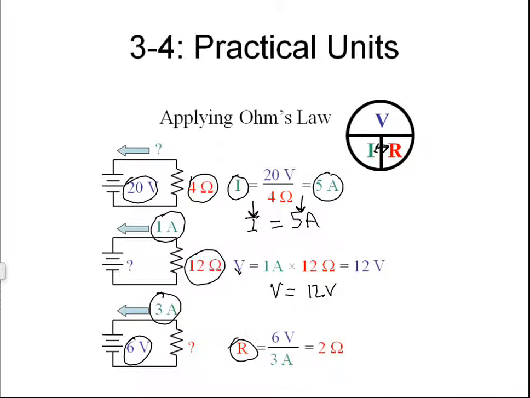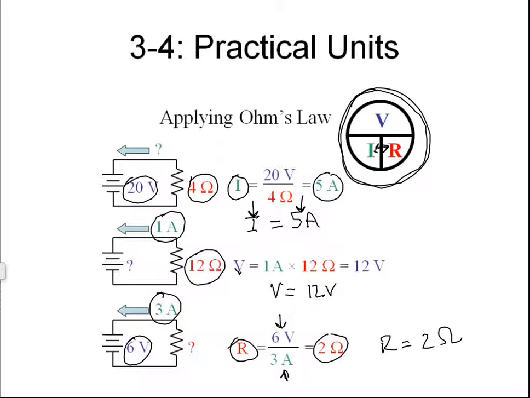We go to the resistance form. 6 volts over 3 amps is equal to 2 ohms, or resistance equals 2 ohms. It doesn't matter what kind of circuit it is, Ohm's law applies. So whether your unknown is voltage, or your unknown is current, or your unknown is resistance, using Ohm's law, you can determine the unknown.